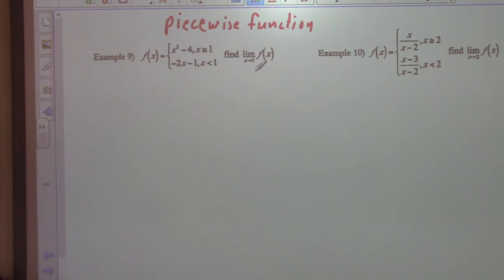And what we're doing is, it says find the limit as x approaches 1 of f of x. The one on top is going to give us which limit for x greater than or equal to 1? What side limit?